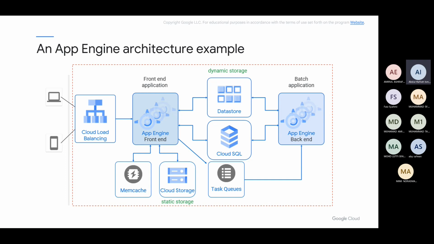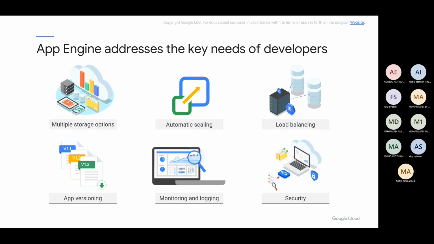This separation of function allows each part to scale as needed. Note that App Engine service is modular, and this example shows a single service. More complex architectures are possible.